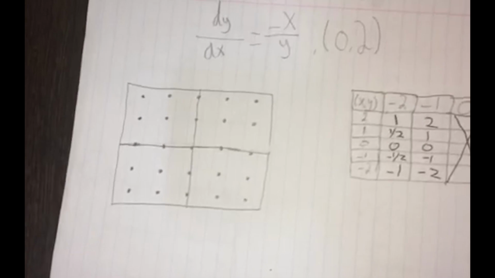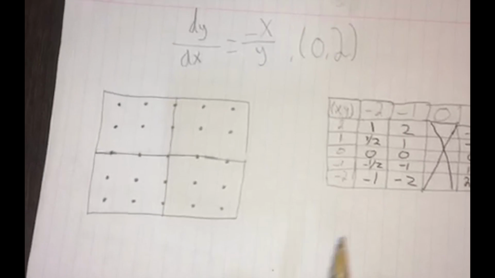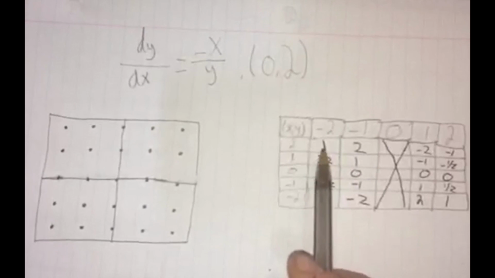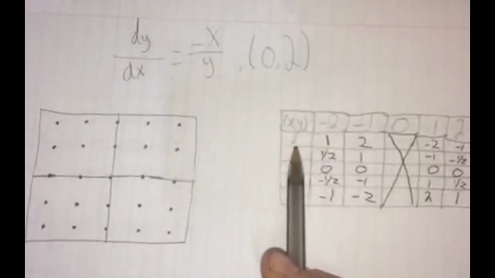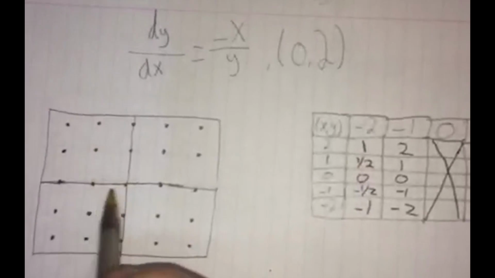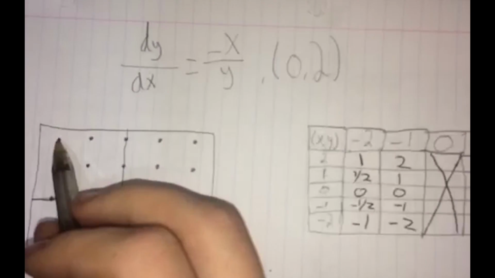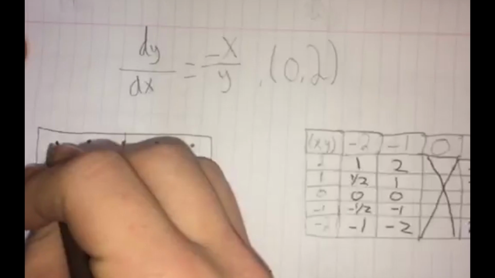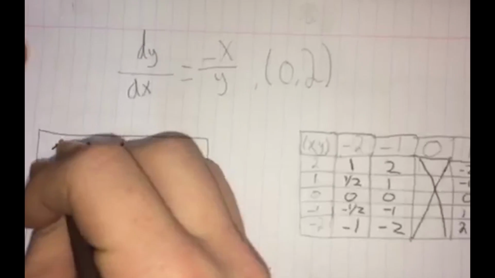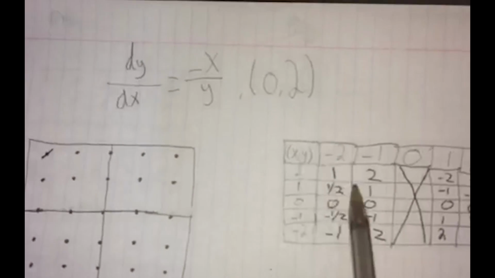So, it's basically everything we know how to do. So, you're going to go to the point (-2, 2), and then we found the slope of that point is 1. So, (-2, 2) and the slope of 1 is right about there. And say if it was 2, it'd be more steep, negative 1 would be going the opposite way. And we'll see that in a little bit.